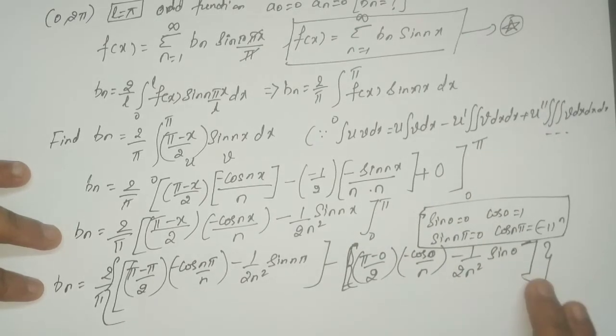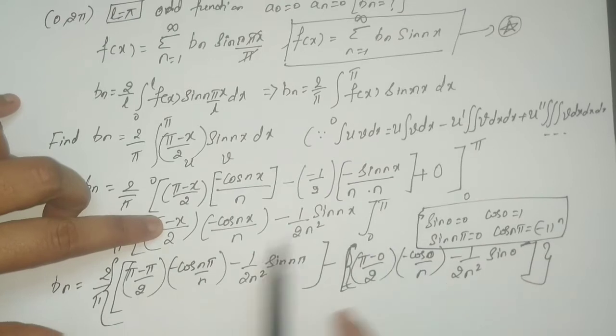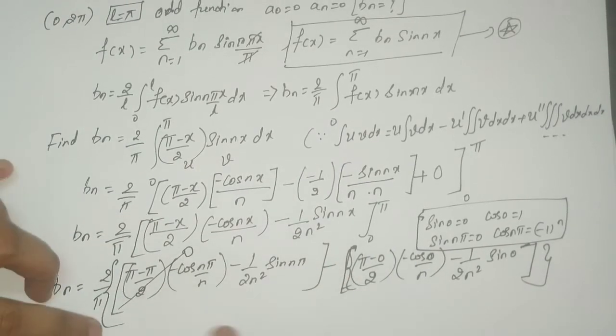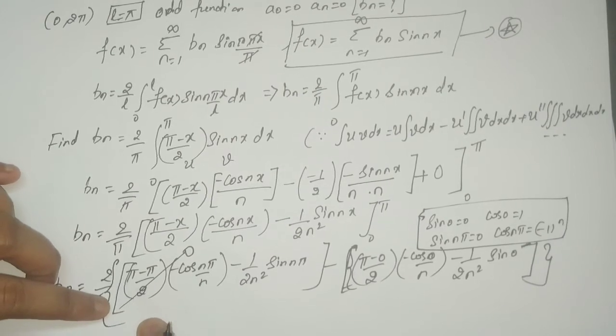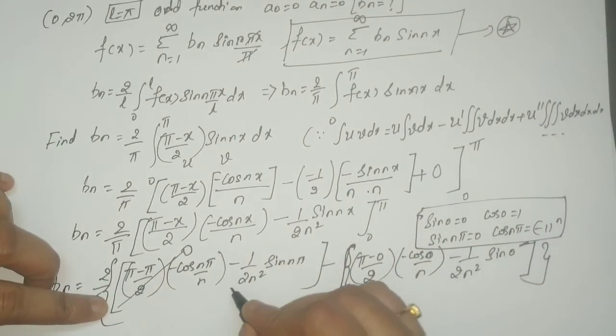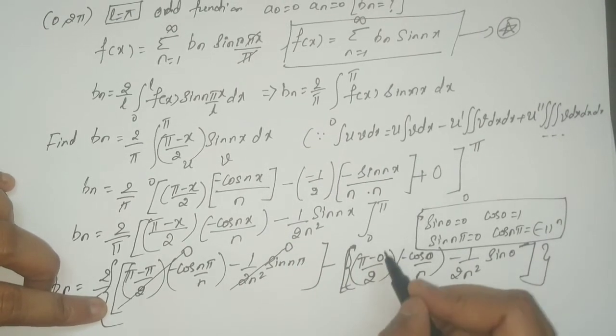So here I have applied the upper limit and lower limit. Pi minus x, x is pi, so pi minus pi becomes 0. Again, sine n pi, what is sine n pi from here? It is 0. So the first term is completely 0.